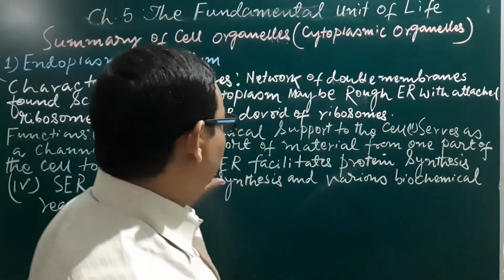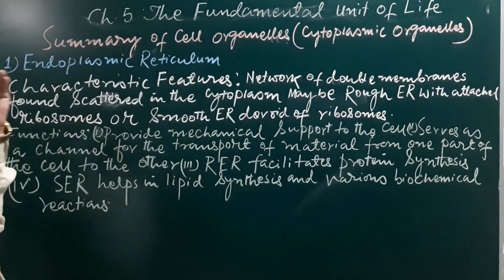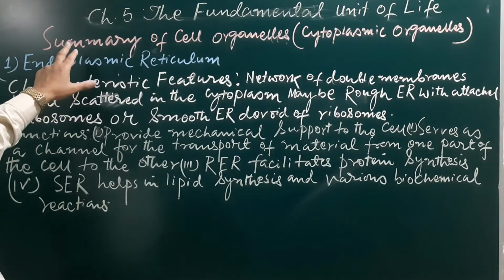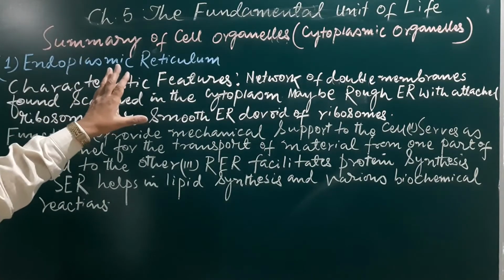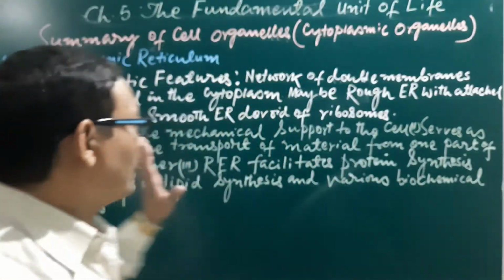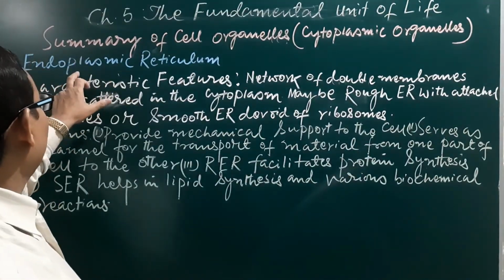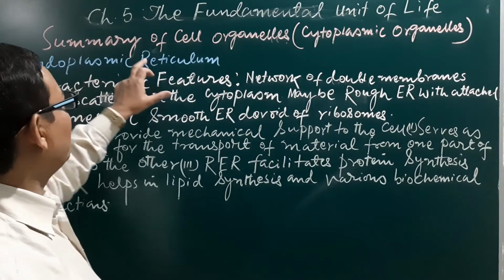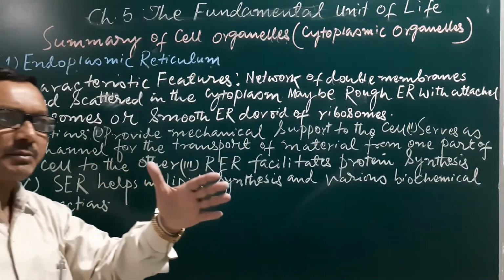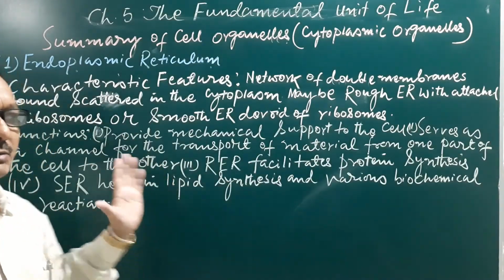Now, in this revision session, we are in the last part. In the last part, we can summarize the important cell organelles. The first one for you is the endoplasmic reticulum. It is of 2 types, smooth endoplasmic reticulum and rough endoplasmic reticulum.